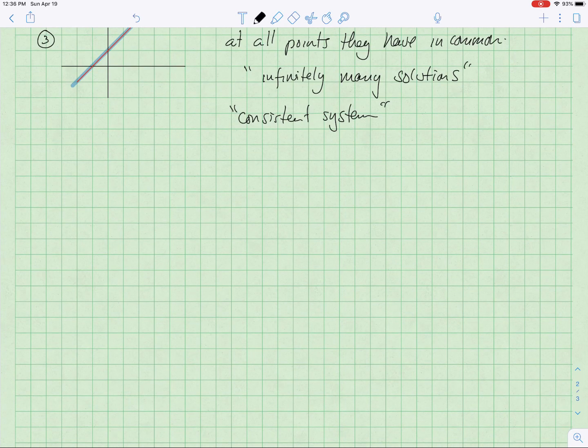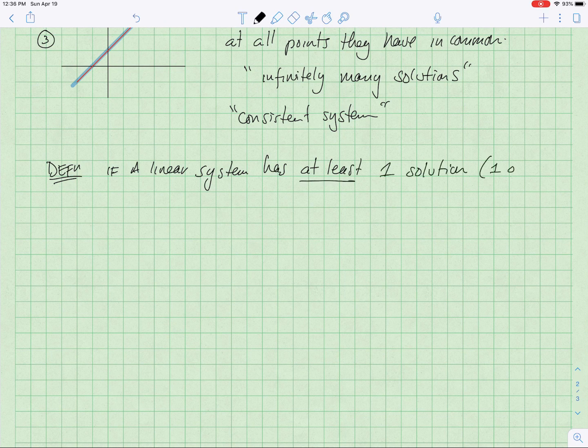So, definition. If a linear system has at least one solution. Now, for us, that means one or infinitely many solutions. Then the system is consistent.